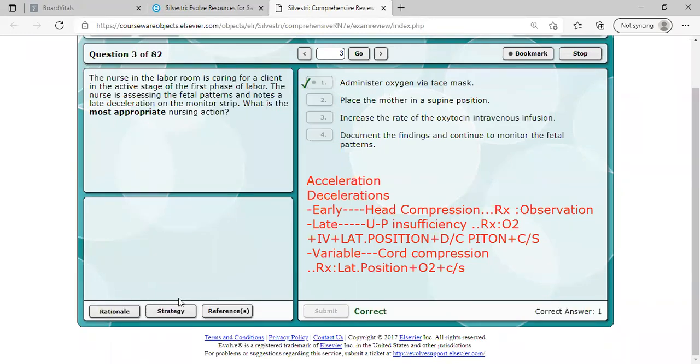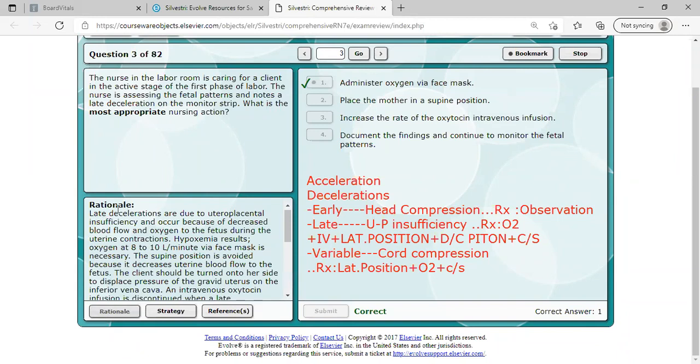What is the rationale? Late decelerations are due to uteroplacental insufficiency and occur because of decreased blood flow and oxygen to the fetus during uterine contractions.